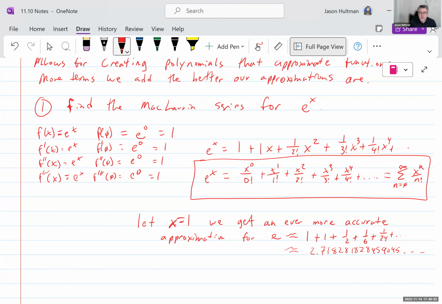So that will give me an ever increasingly more and more accurate approximation for e, for the natural exponent. It's kind of cool.